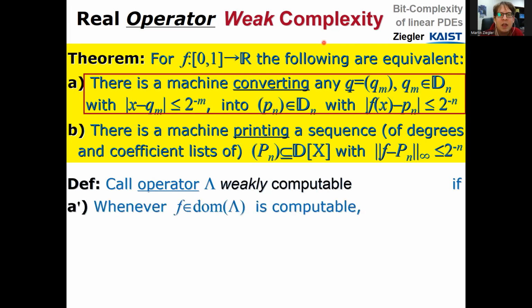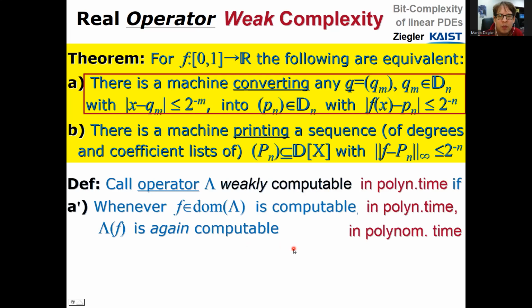Again, it means that whenever the function argument is computable, then the value real number must also be computable. And weakly computable in polynomial time is whenever the input function is computable in polynomial time, in the sense we talked about before, then also the value must be a polynomial time computable real number.